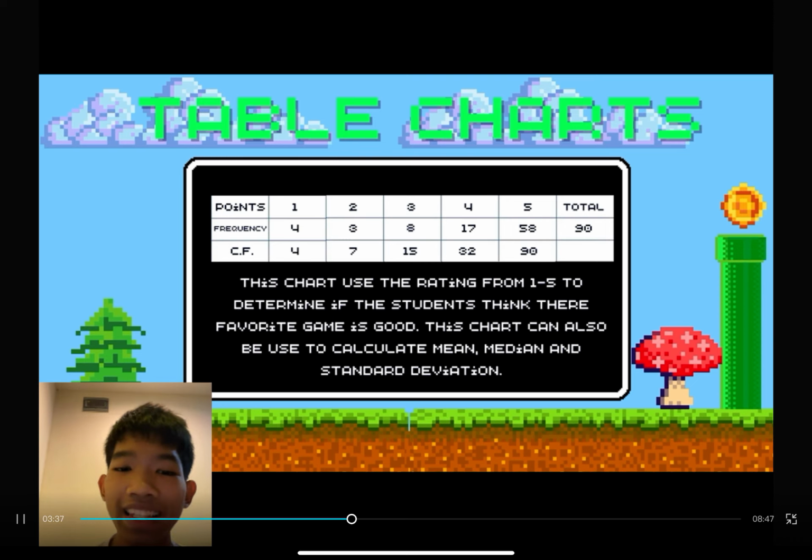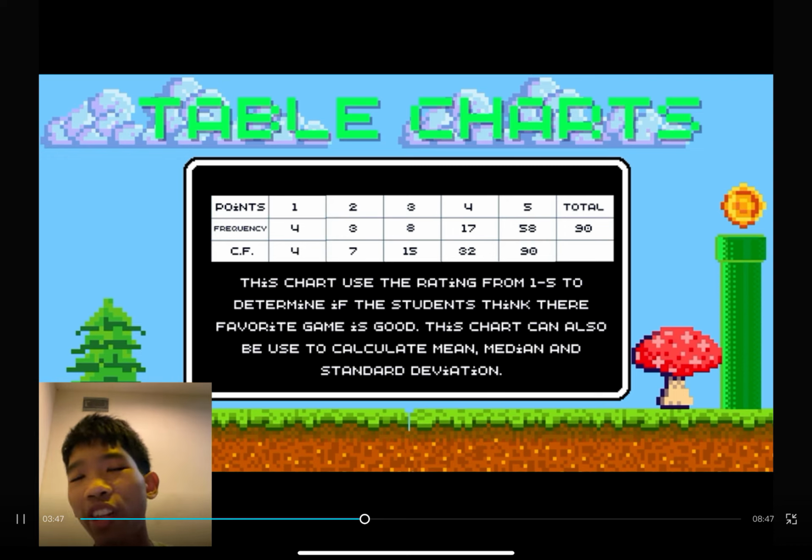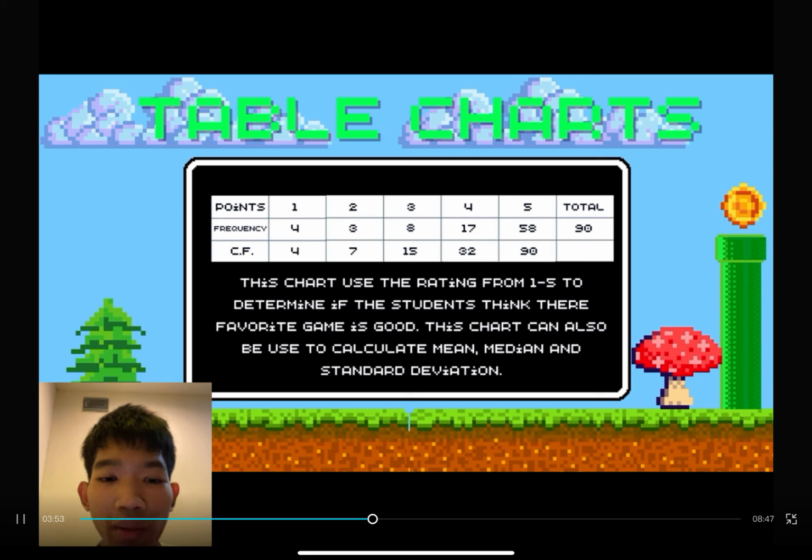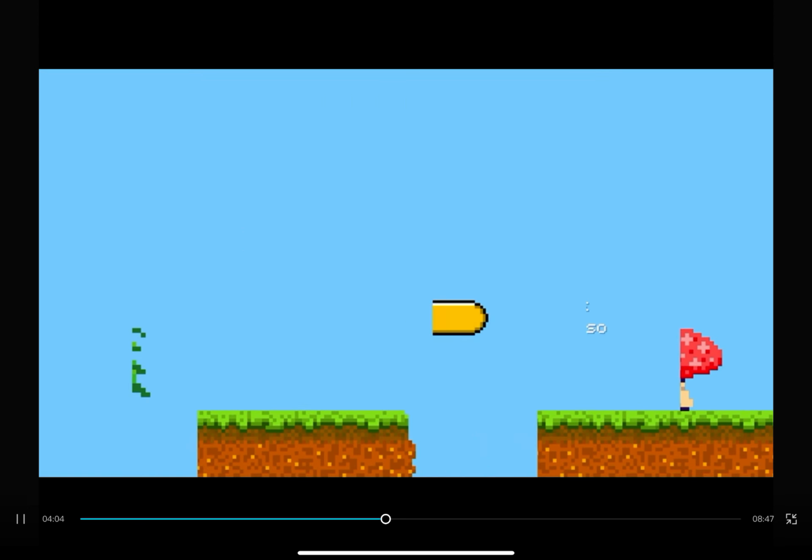But now we see a jump at 4, where 17 students give a 4 rating, and the most being 5 at 58, because it's their favorite game. Of course they're gonna like it. So we can see that 58 is the most, which is 5 points. So from this chart, we can actually use it to calculate mean, median, and standard deviation.